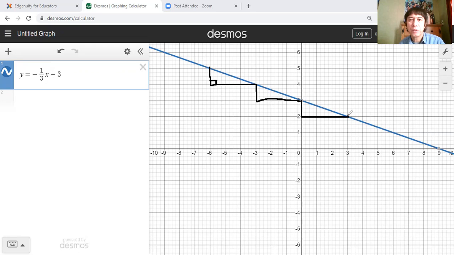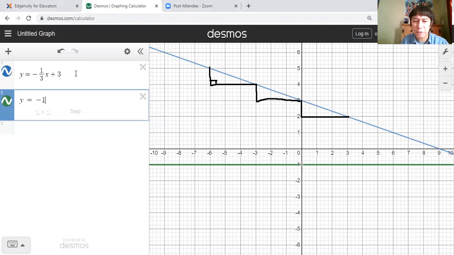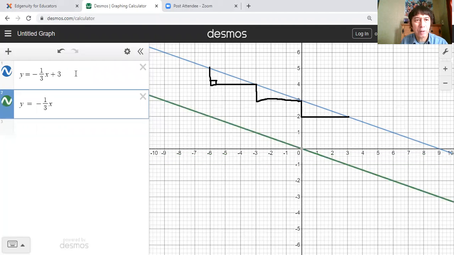So we can actually draw another line of the same slope passing through another y-intercept. Let's draw a line below the 0, but parallel to this line. This is y equals negative 1/3, okay?